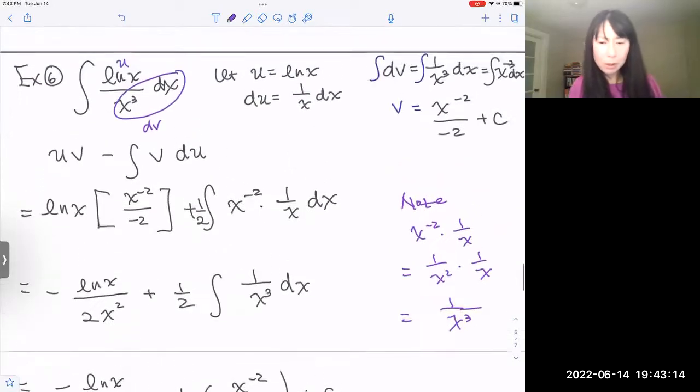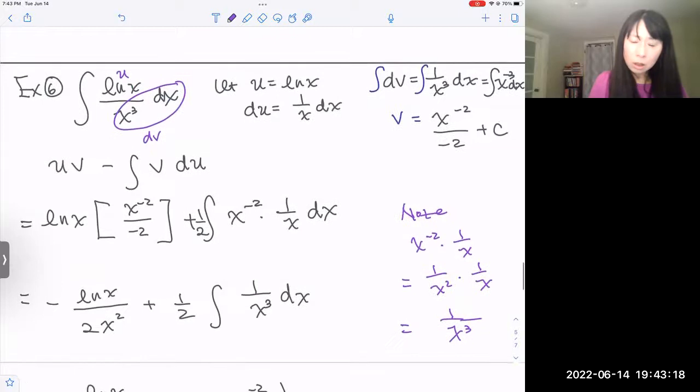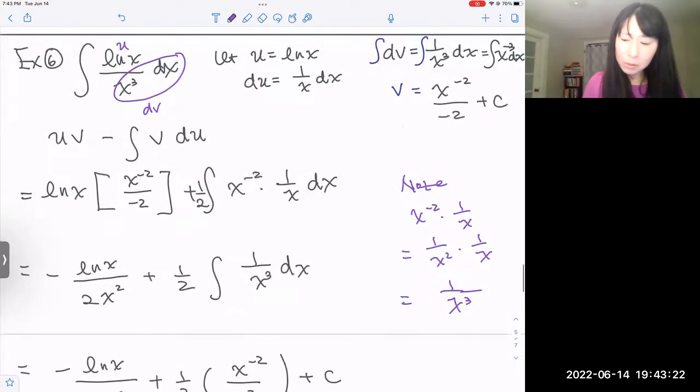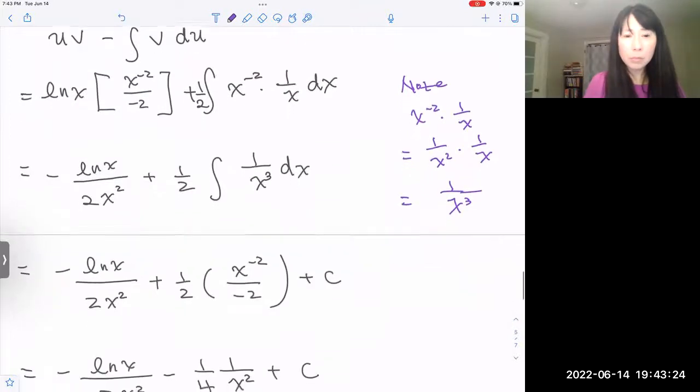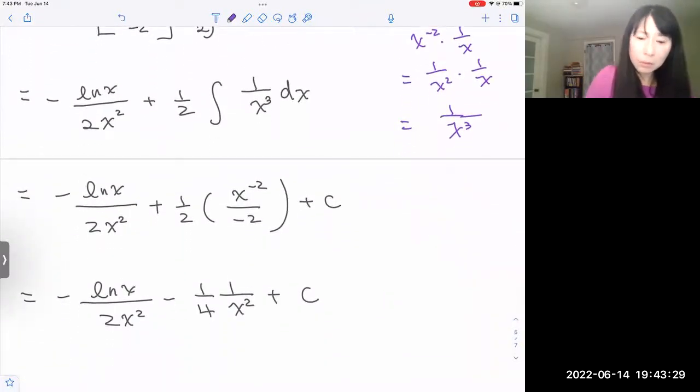Do I make a mistake? I don't make a mistake, right? Yeah, it's multiplication. Or if we don't like it, maybe we can write down this one for, yeah.